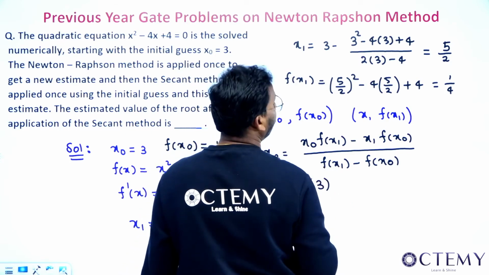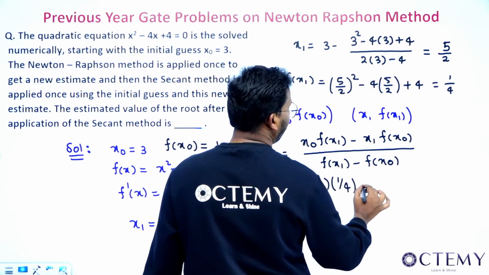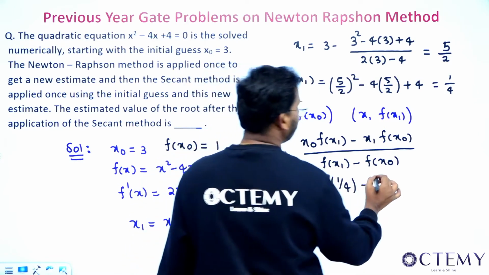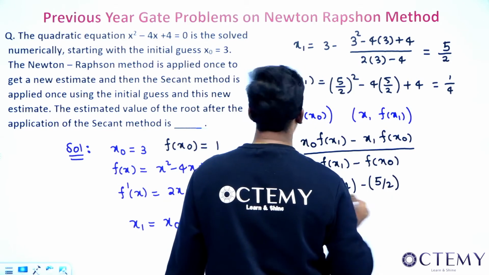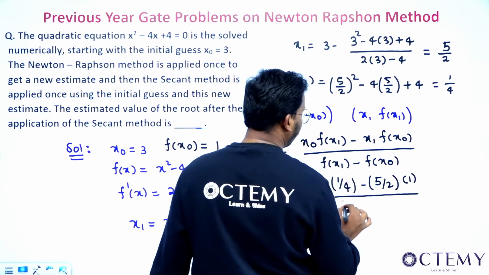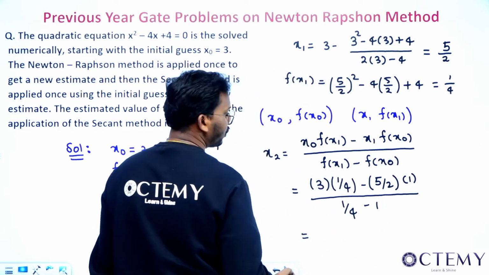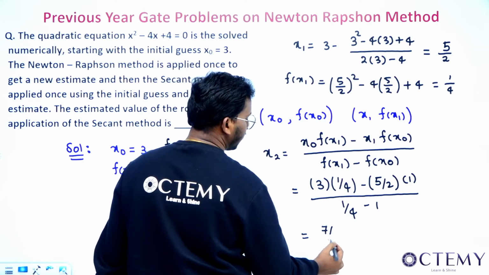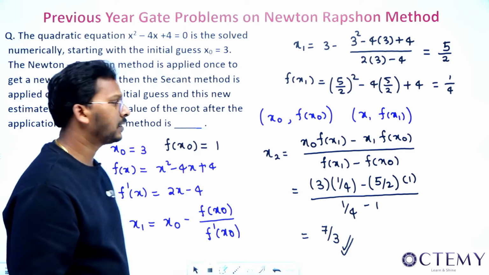What is your f of x1, sir? f of x1 is 1 by 4, minus, what is x1 we got? That is 5 by 2, into what is f of x naught? That is 1, divided by 1 by 4 minus 1. If you solve this, you will get this as 7 by 3. This should be the answer for this, right?